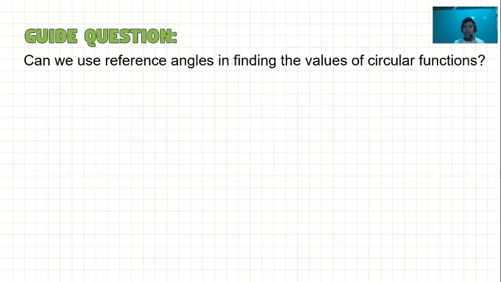And since we are just going to consider special angles, those positive acute angles are only 30, 45, and 60 degrees, right? So if that's the case, we will just examine these angles, 30, 45, and 60 degrees.